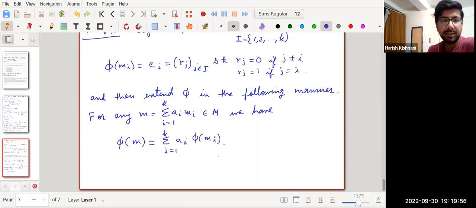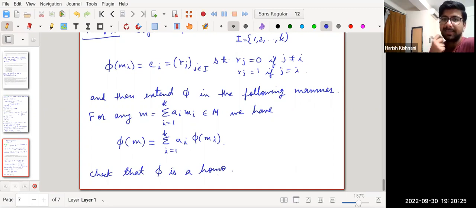So one can check that phi is a homomorphism. There is nothing much to be done, but still you need to check it.